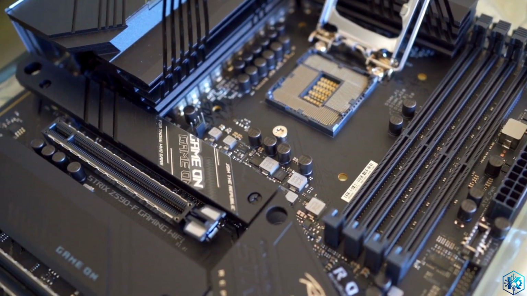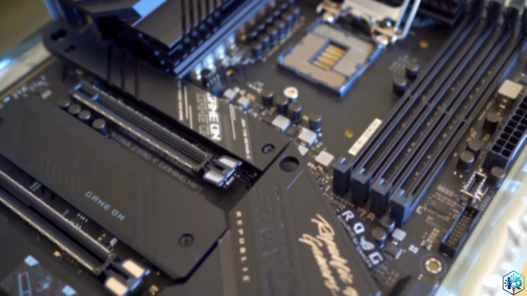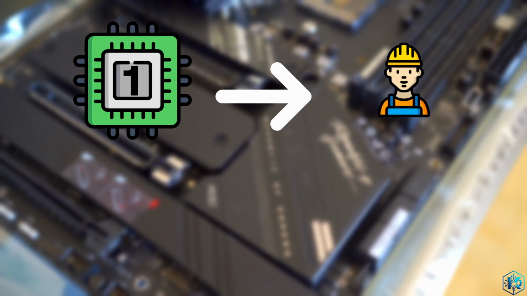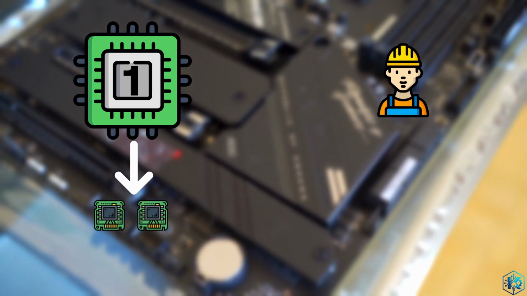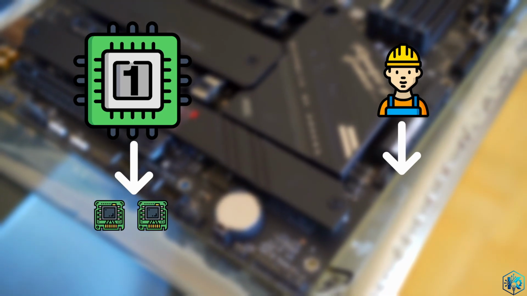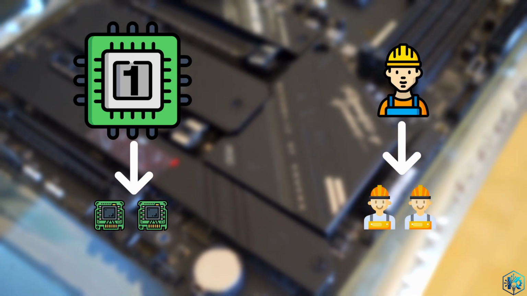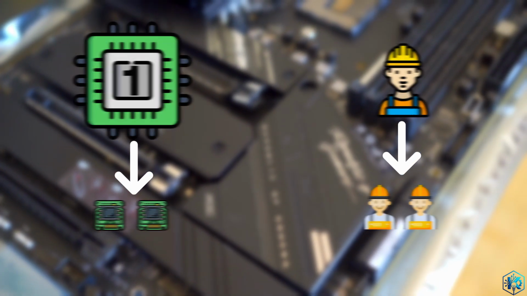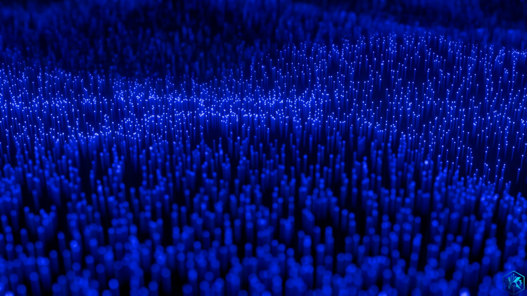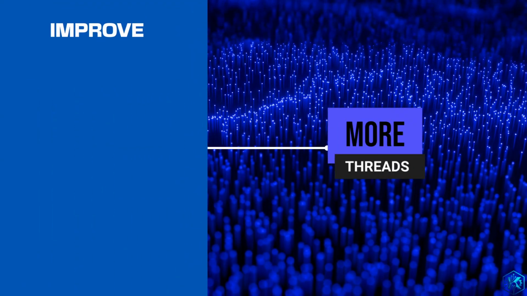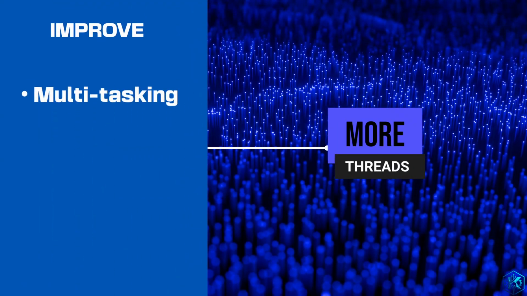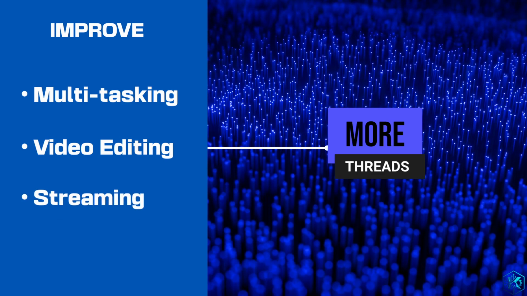In more realistic terms, you can look at it like this. If one core is equal to 1 worker, 2 threads means that one worker has 2 assistants, which means they perform the task faster. More threads improve multitasking, video editing, streaming, and rendering.